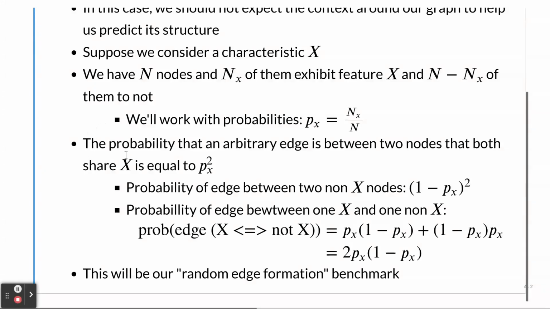Doing that, we will then be able to determine that the probability of an edge forming between two nodes that both share x is equal to p_x squared.